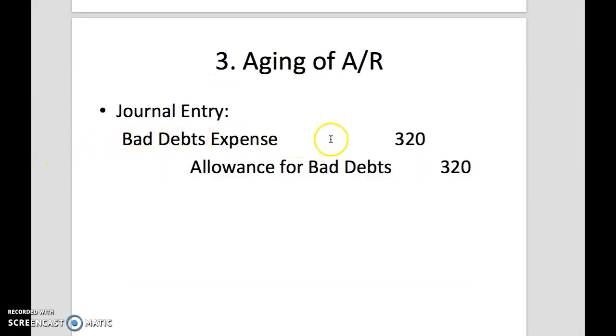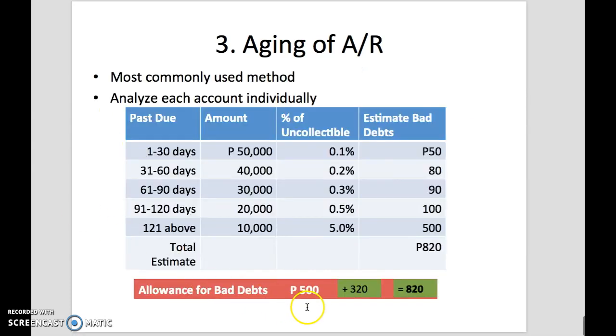We debit bad debts expense, 320. This will go straight to your income statement. And then we credit allowance for bad debts, 320, which will increase the value of your allowance for bad debts by 320, giving you an ending value of 820.